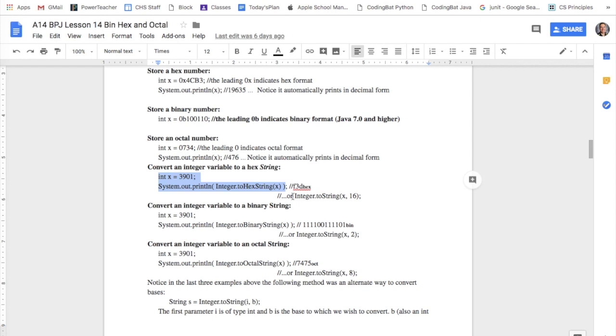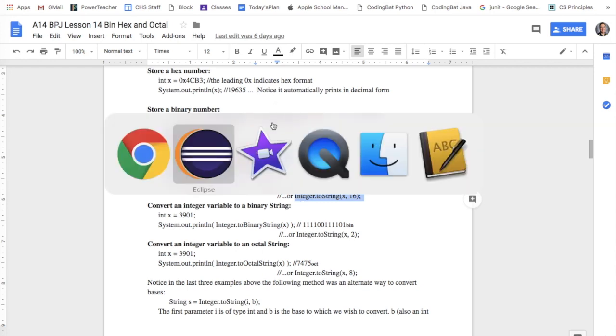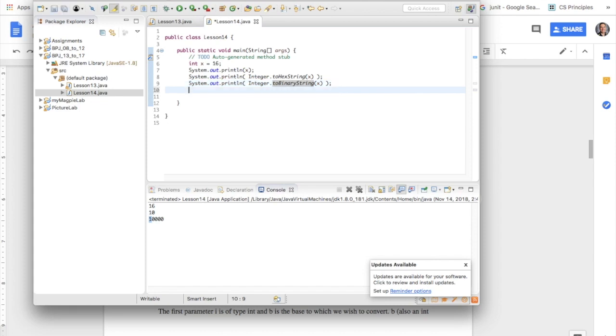Let's also look at this other version of it. We can do Integer.toString(x, 16) and just make sure that that works as well. So we want System.out.println, and we need to close our parentheses here. So let's take a look at that one.